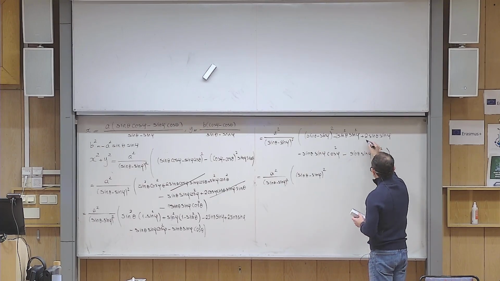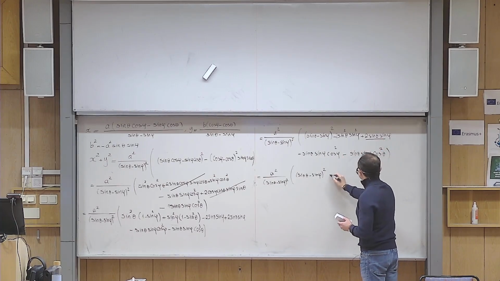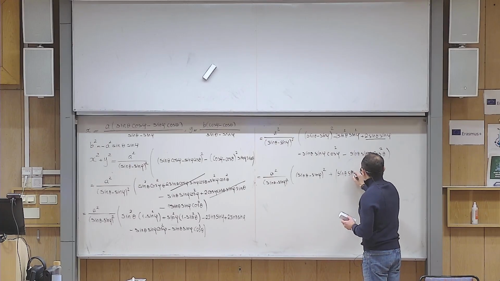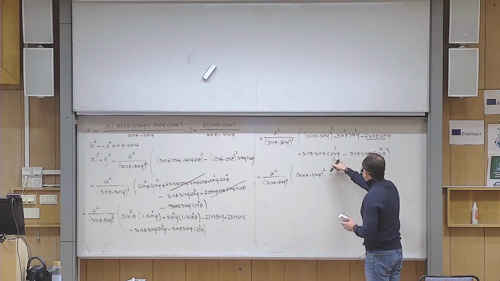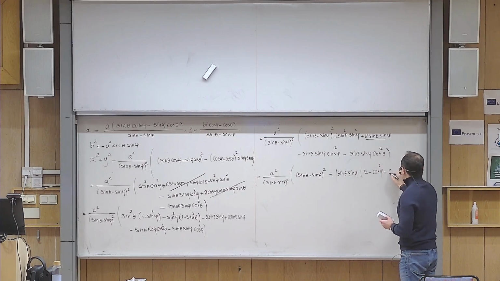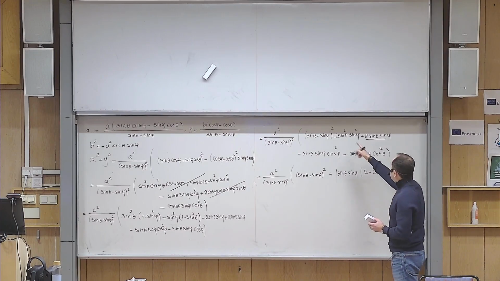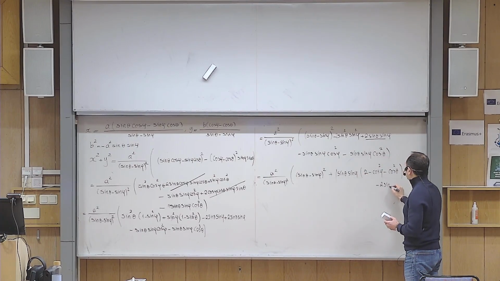Yes, if you don't mind, let me take this one and this one, and I will pull sine theta sine phi out. Do you see why? Because there will be a 2 left here, a minus cosine phi squared left here, and a minus cosine theta squared left here. And then you know that I also have that one, so I should copy and paste that for the time being to see what happens.